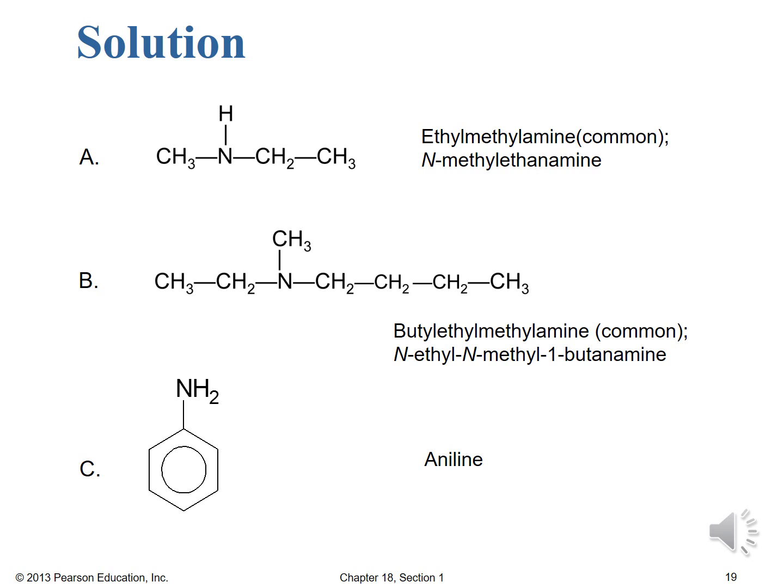So butyl ethyl methylamine would be the common name. Or if we look at our longest chain, it's a butanamine, and we're in position 1 there, so we're a 1-butanamine. We're also an N-ethyl-N-methyl-1-butanamine. So there we have it in IUPAC format.